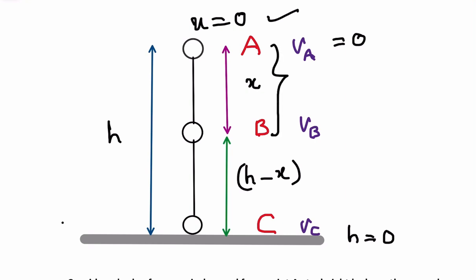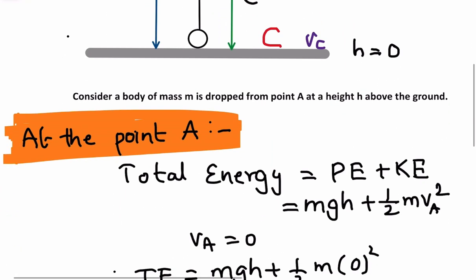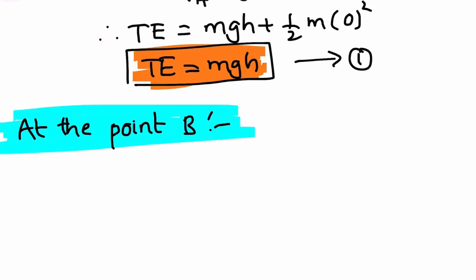So now let's go down and prove what happens at the point B. At the point B, total energy is again the sum of kinetic energy and potential energy.